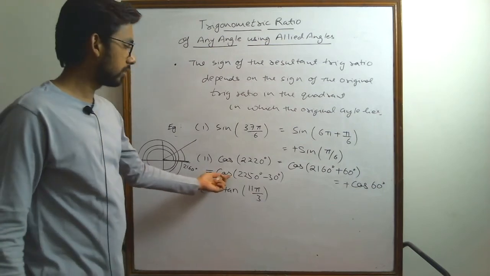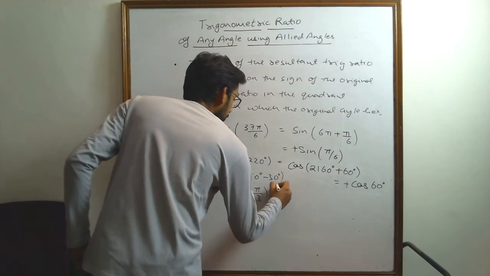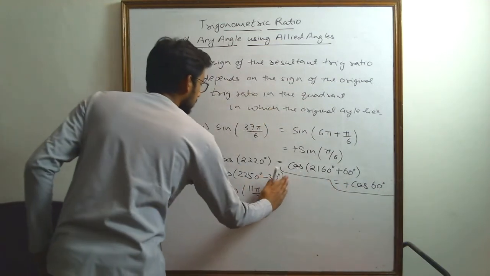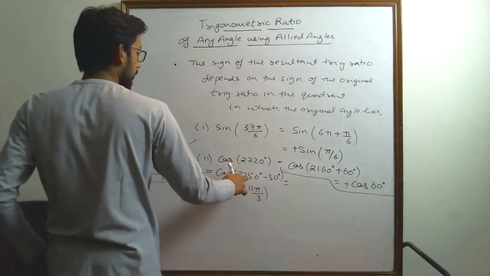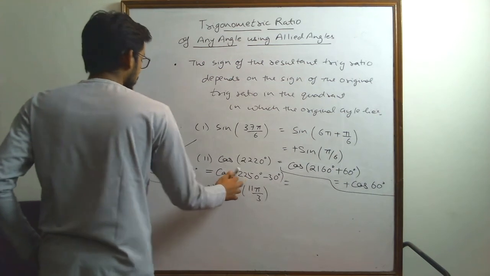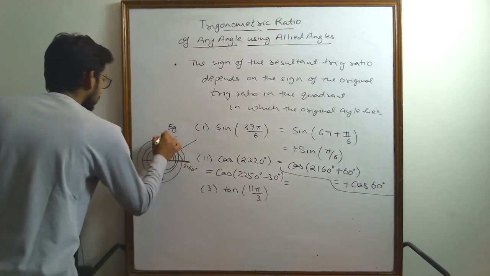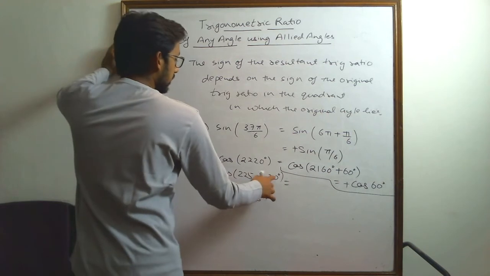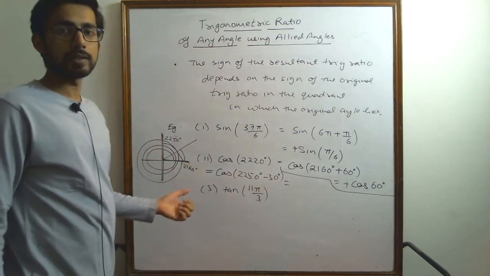Let's look at the second option. This is also valid, it is in the form of an allied angle. So now cos of an odd multiple of pi by 2, this 2250 degrees will be here on the positive y axis, minus 30 degrees. So now it is an odd multiple of pi by 2 plus minus an angle.